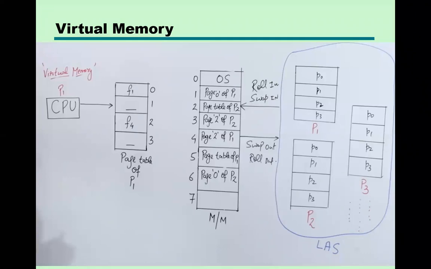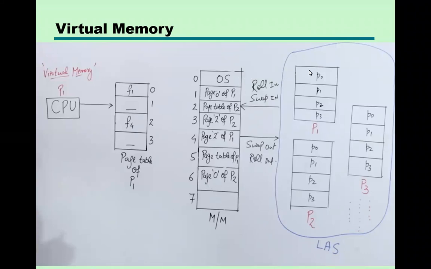Okay. As you can see here, this is the page table of process 1. P1 means the page table for process 1. These are the different processes, and here are the different frames. In the frames there are pages. The frames have different pages for the respective processes.